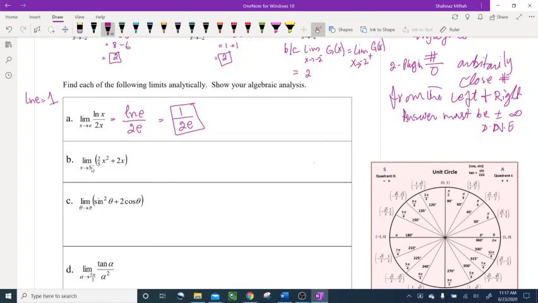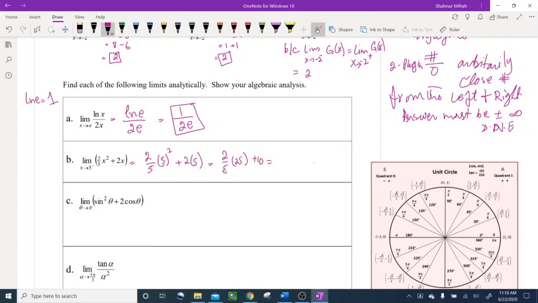Limit x approaches 5 from the left of 2/5 x squared plus 2x. So it's from the left, and I'm going to do direct substitution first. If we need more work, I don't think so we need more work because it's not a rational function. But let's see what happens. 2/5 times 5 squared plus 2 times 5. 5 times 5 is 25 plus 10.